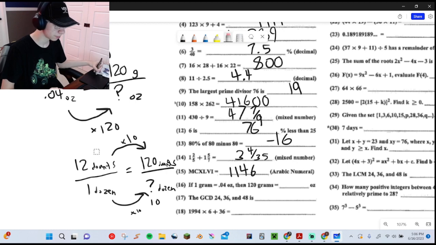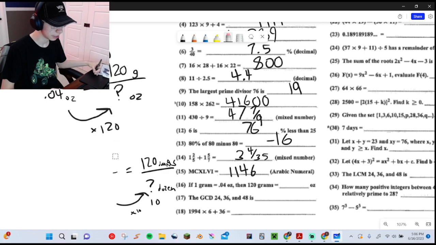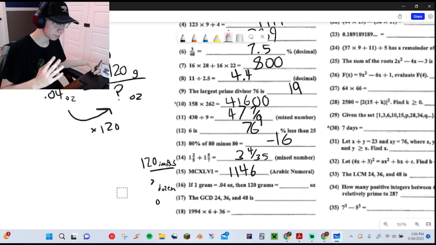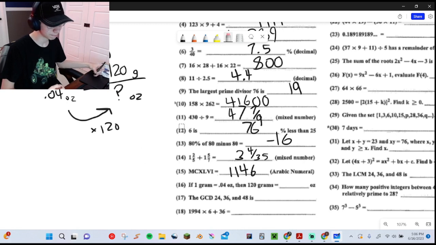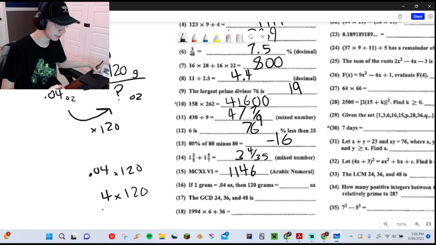And so, what I need to do in this question is take that 0.04 and multiply it by the 120. So 0.04 times 120. To make it easier for myself, I'll pretend this is 4 times 120 divided by 100.